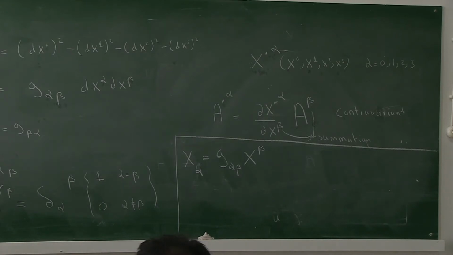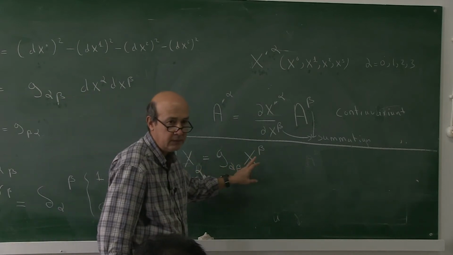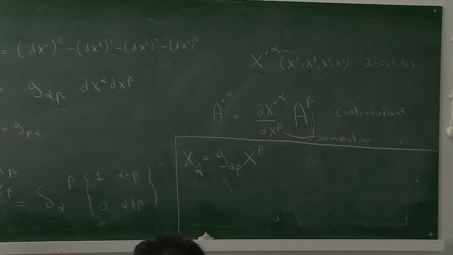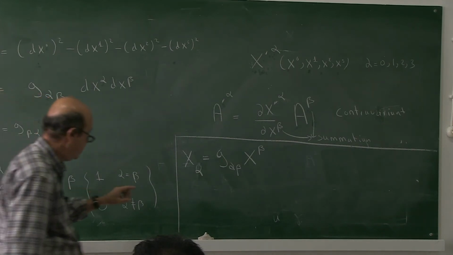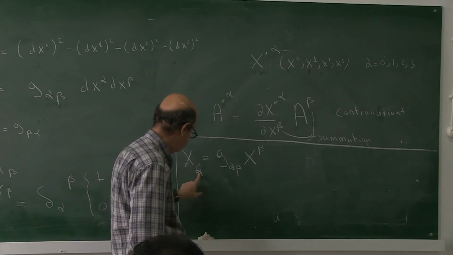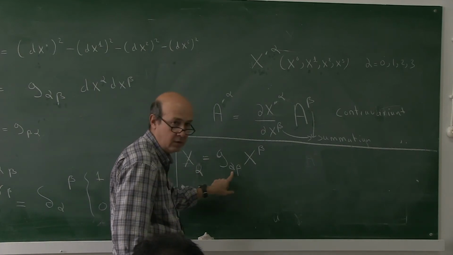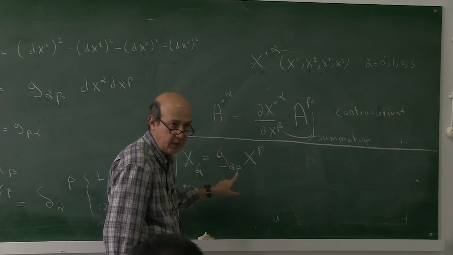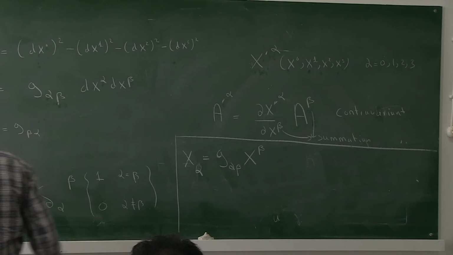Let's say that x0 is the time coordinate, for example. If you act this on the first one, what are you going to obtain? Let's say this is 0, this will be 0, 1, 2, 3. If you do this, the time coordinate doesn't change.